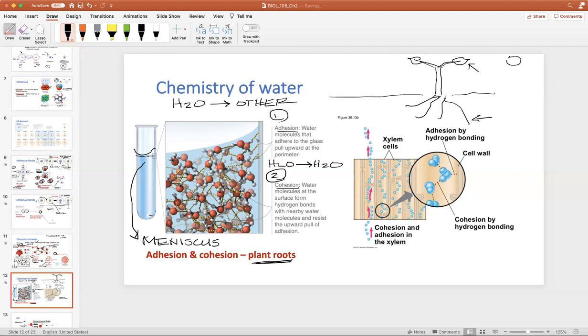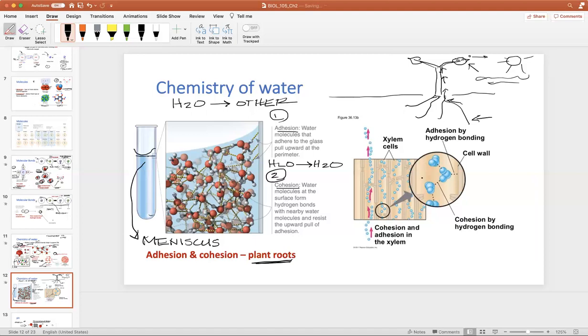Well, if you've got some sunshine and some wind, which I'll draw here, some of the water molecules in this leaf are going to evaporate out. They escape and become gas. Because the water molecules stick to each other via cohesion, they kind of hold hands. So as one leaves, it pulls another one up, which pulls another one up, and you can kind of see how that would work.